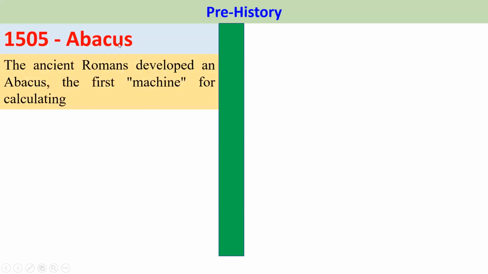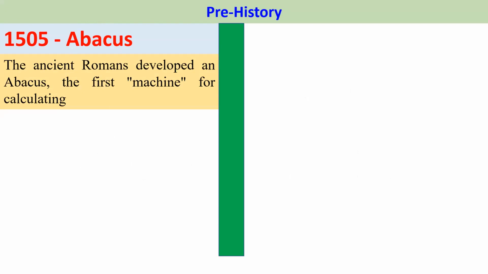The first thing when considering prehistory, the first invention, was in 1505, when the ancient Romans developed a calculation machine called the abacus. It is one of the milestones for today's inventions.